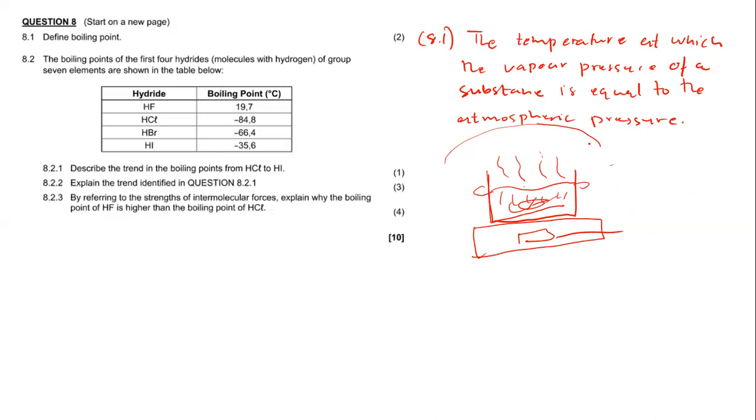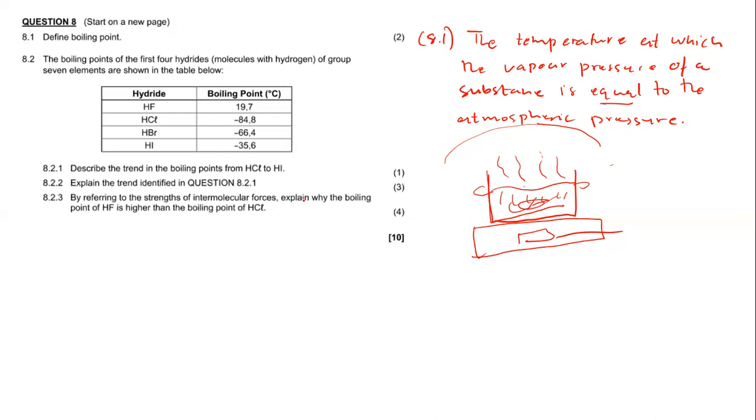When the vapor pressure and the atmospheric pressure are equal, we are talking about the boiling point of this substance. Hence when you define the term boiling point, you say the temperature at which the vapor pressure of a substance is equal to the atmospheric pressure.